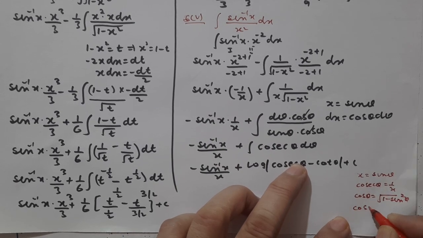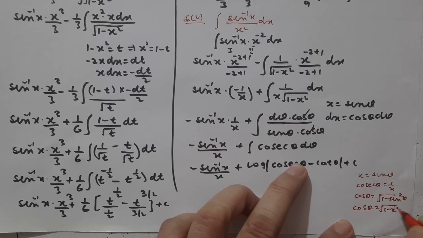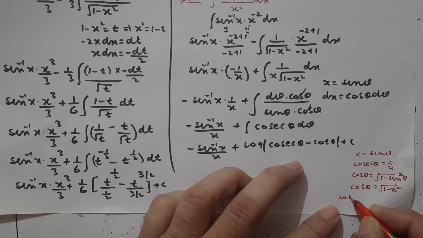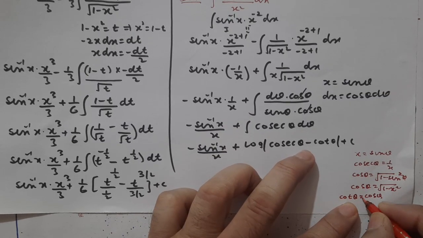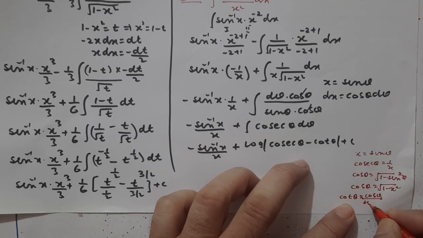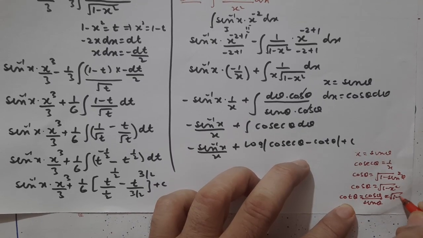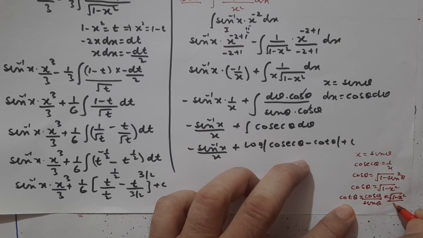So cos theta is equal to under root 1 minus x square. Now we have to find cot theta. So cot theta is the ratio of cos by sine. So the value of cos theta is under root 1 minus x square and the value of sine theta is x.